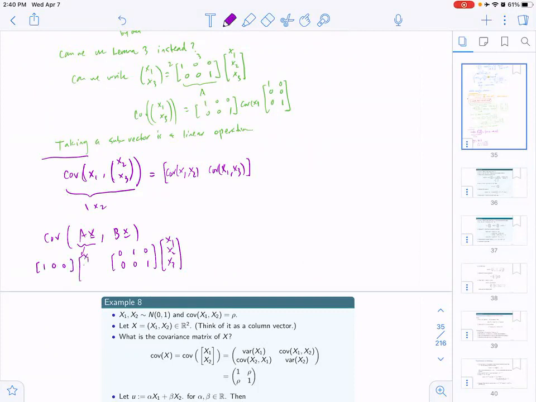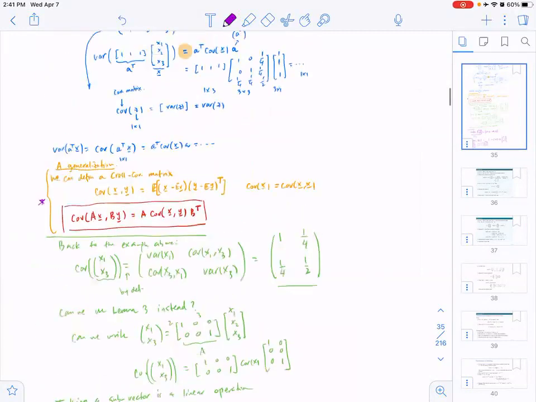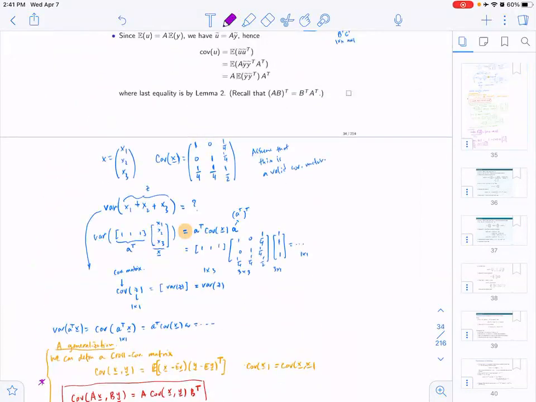Great, okay. And if you believe that formula, this is saying I can compute this exact thing by just doing A times the covariance of X and X, and then times B transpose, which is going to be 0, 1, 0, 0, 0, 1. If you do that, you should be able to get the cross covariance between 1 and 2, 3: you go to the first row and look at this.